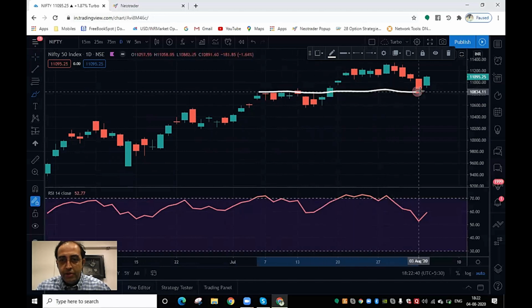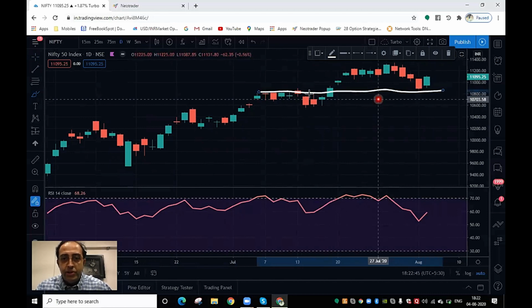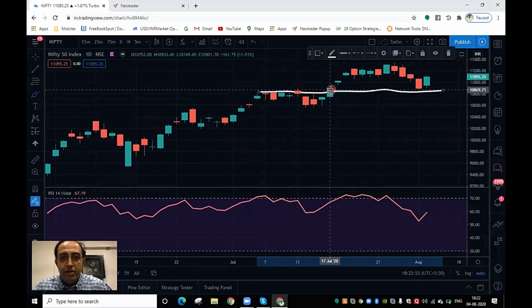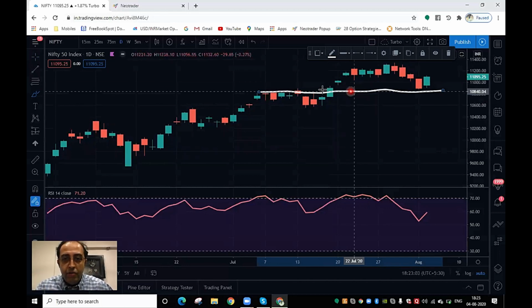You can see this is the value area which was tested, and around the 11,800 zones, 800 to 850 was the next set of supports which we had highlighted in our previous videos. You can go there and take a look at those previous videos and find out how we had marked out those zones. Now Nifty has come in and dipped into that support, and if you take some help from the momentum indicator, that's what we have done.